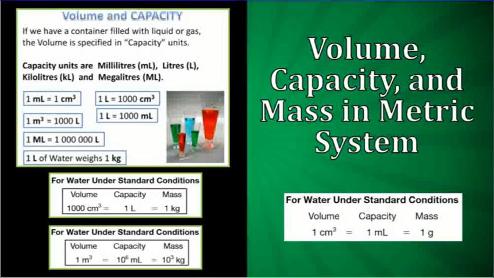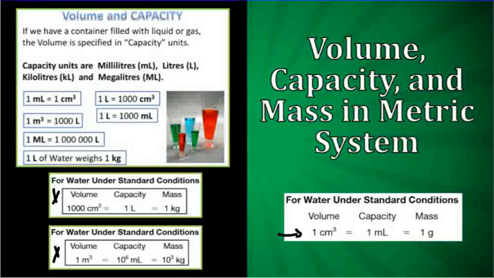So down below, we want to really focus in on this one and this one for water under standard conditions. So for volume, it would be 1,000 cubic centimeters, which is the same as 1 liter, which is the same as 1 kilogram. Or 1 cubic meter is the same as 10 to the 6th milliliters, which is the same as 10 to the 3rd kilograms.